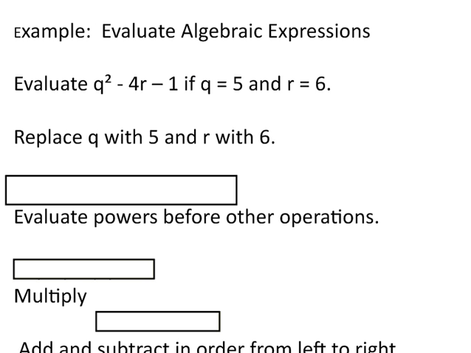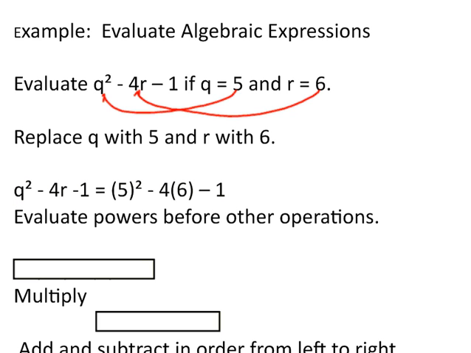Please evaluate this expression. Take some time, do it on your own, and then come back and check yourself on the video. The first thing we're going to do is, of course, replace the Q with the 5 and the R with 6. So we start off with this expression, Q squared minus 4R minus 1, and it becomes 5 squared minus 4 times 6 minus 1.